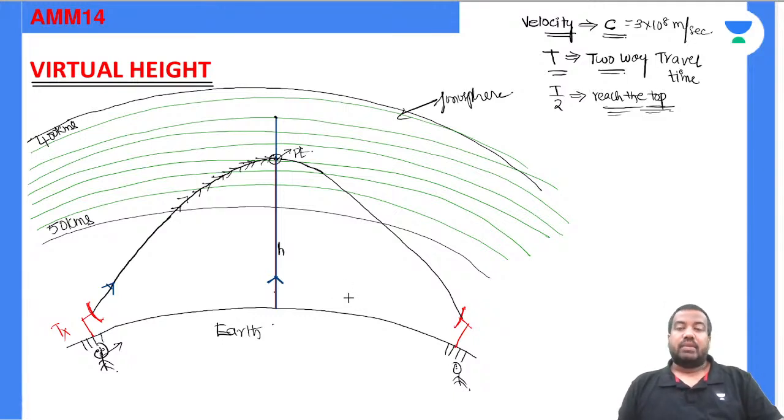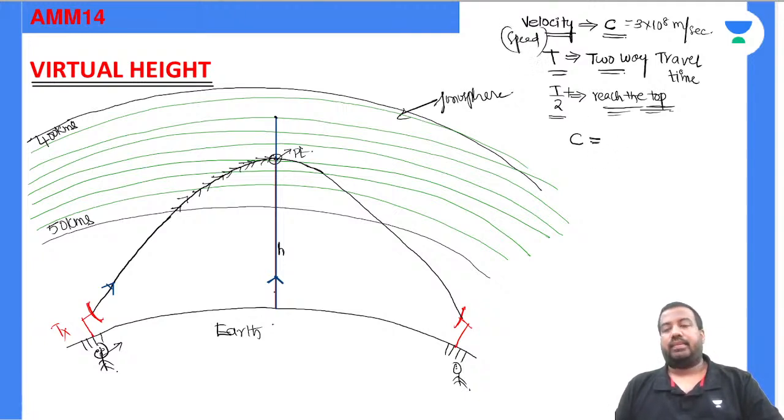Fine. So t by 2 is the time taken to reach the top. Now I want to calculate this distance. Velocity, or you can say speed, is distance by time.